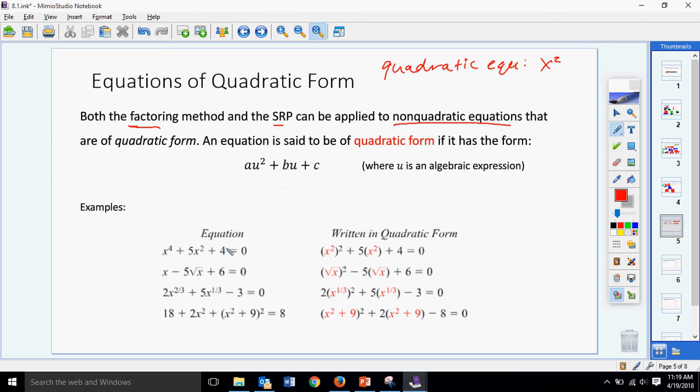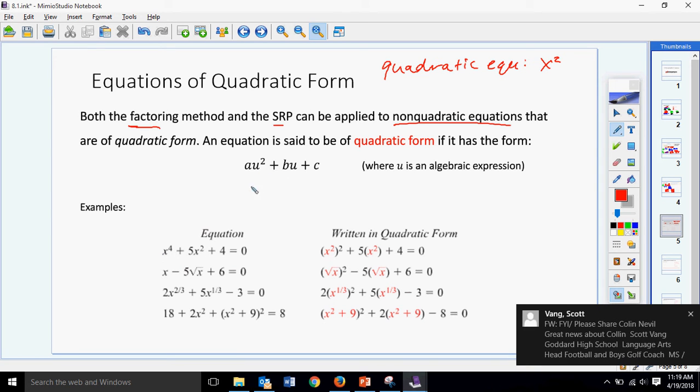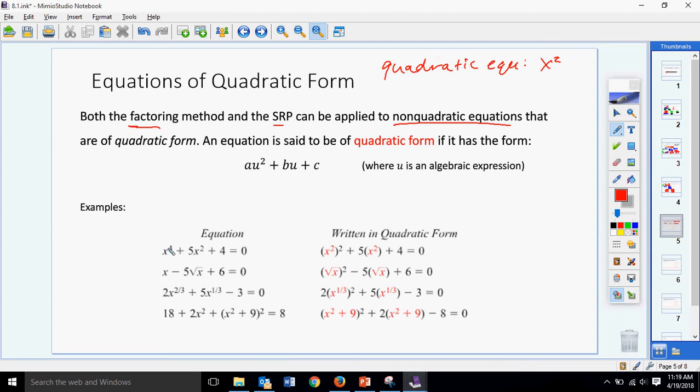Well, I see that my C is 4, my B looks like it could be 5, and then my A probably could be 1. So what does U stand for? Well, if I square my U, it has to be x to the 4th. So what would give me x to the 4th when squared? That'd be x squared. If I square the x squared, I get back to x to the 4th.